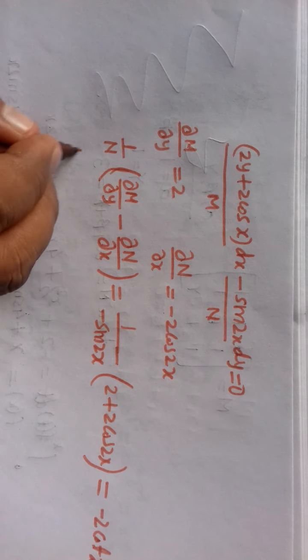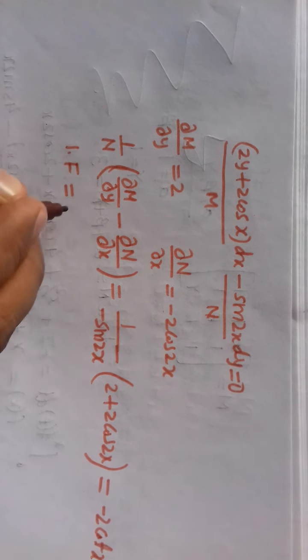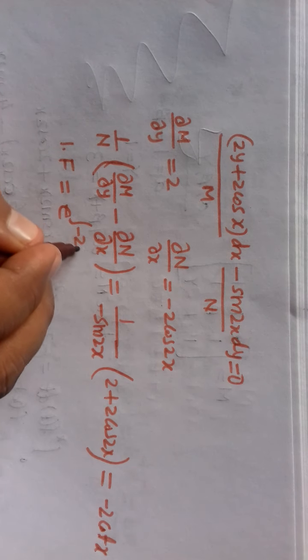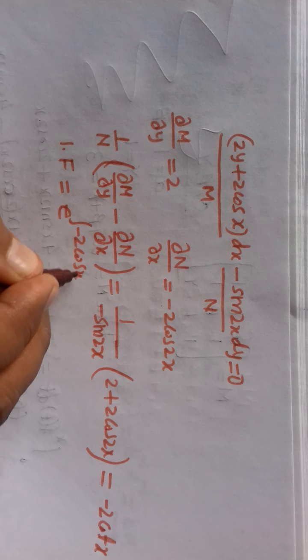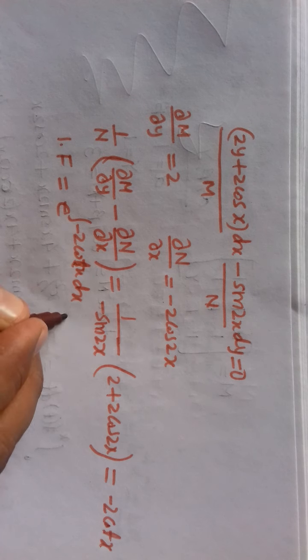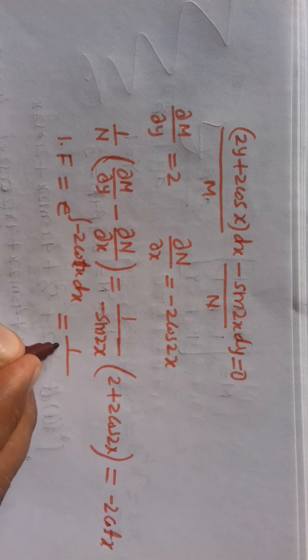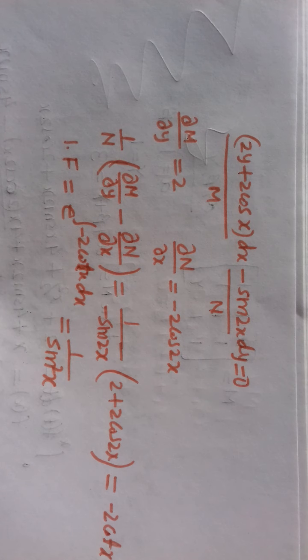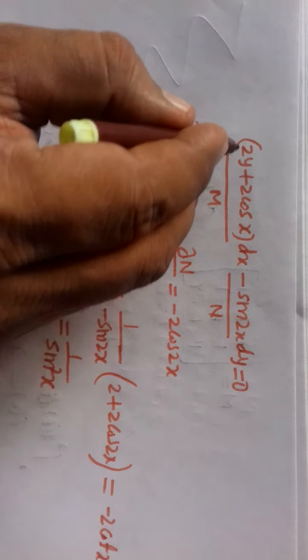Now the integrating factor will be e to the power minus this thing, minus 2 cot x dx, and simplification gives us 1 by sin square x. Now we can multiply this thing with sin square x.